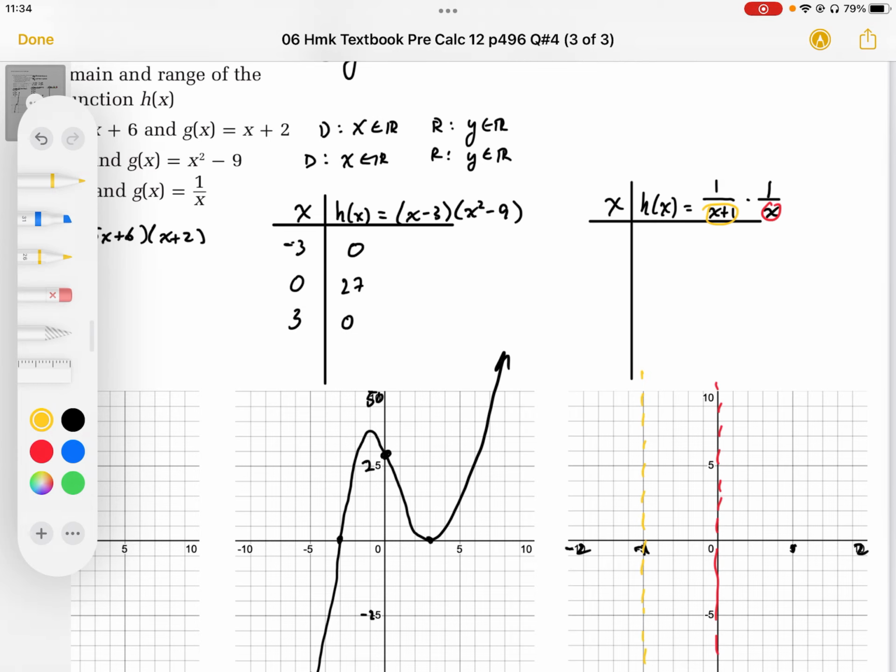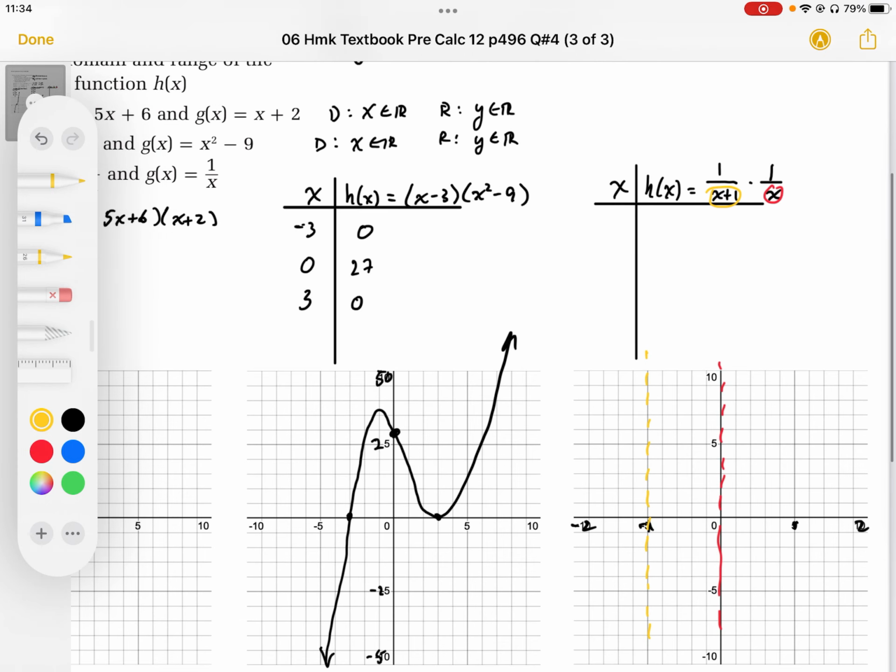Then we can plot a few coordinates here. We know our horizontal asymptote for this type of rational function is going to be along 0, and it doesn't look like we have any zeros for this. So I'm going to plug a few random coordinates in here. At x equals -2, when I plug that in, I'm going to end up with -1 in the denominator times -2 in the denominator.